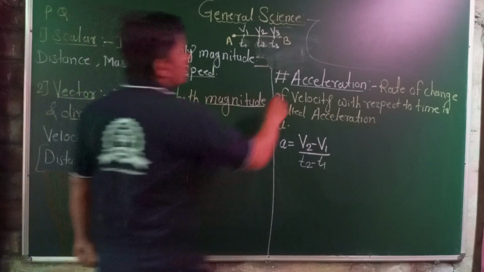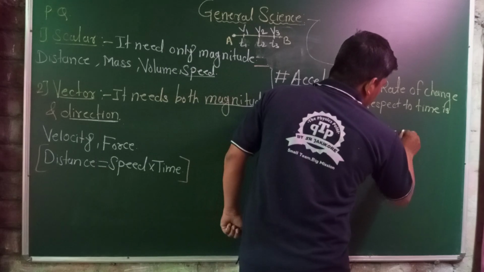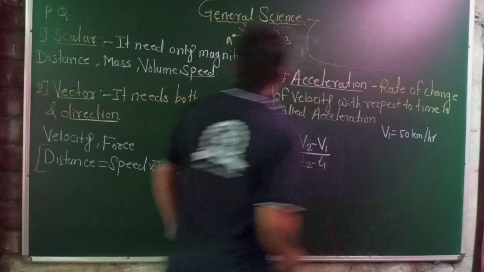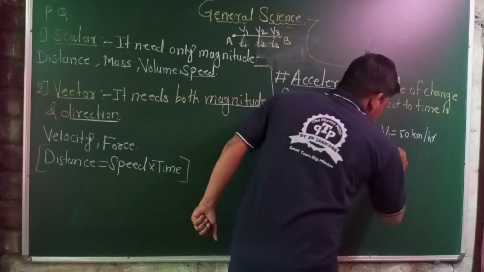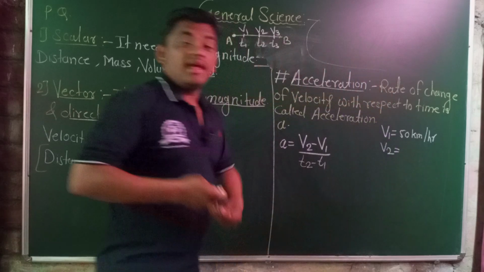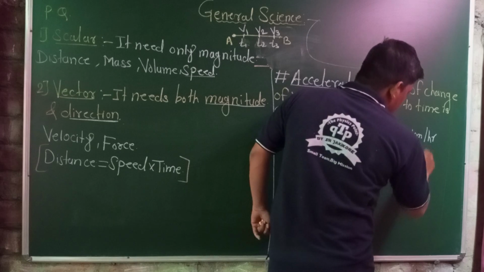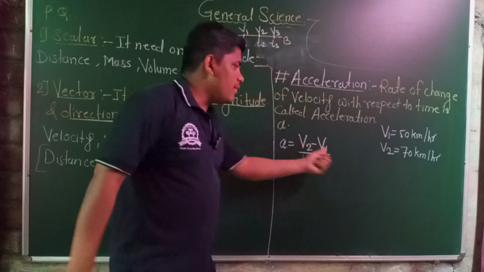Consider the vehicle with V1 equal to 50 kilometers per hour in the direction from point A to point B, and the velocity V2 increases to 70 kilometers per hour. Then V2 minus V1.